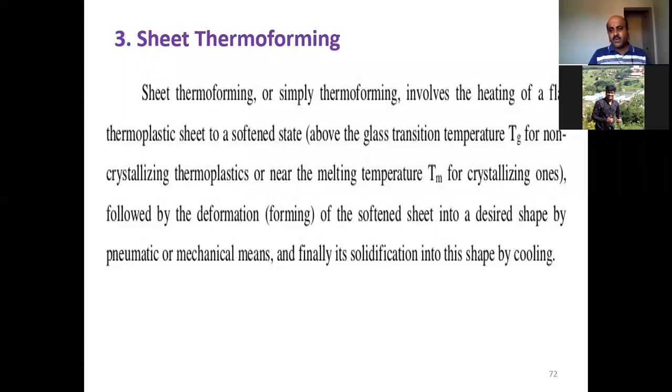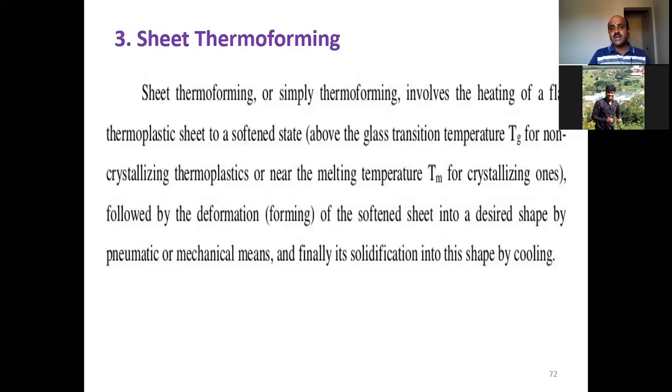It is similar to what we discussed in the last class: thermoforming by means of vacuum forming, pressure forming, or mechanical means.